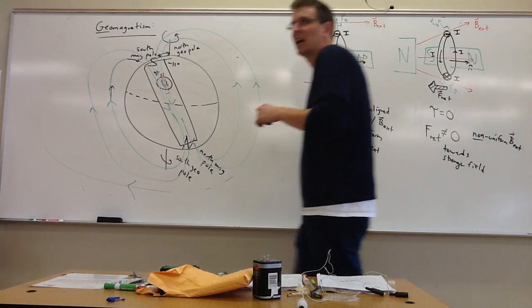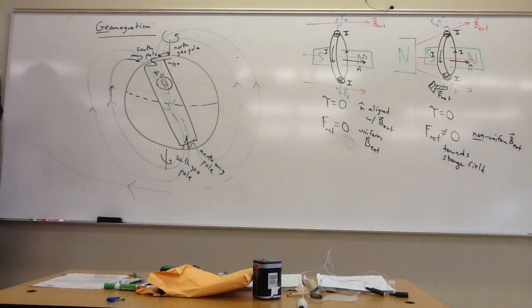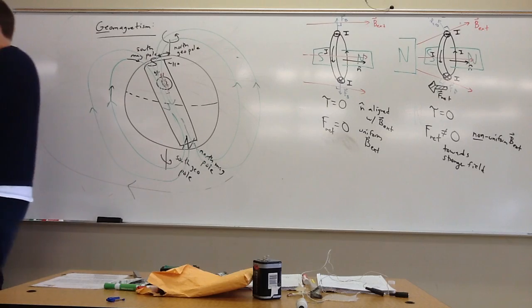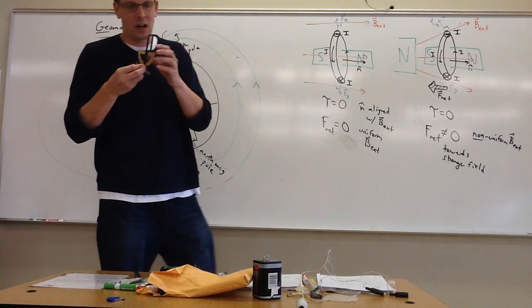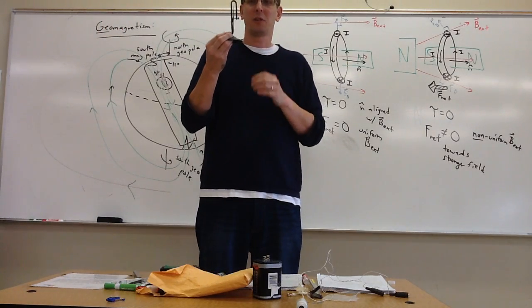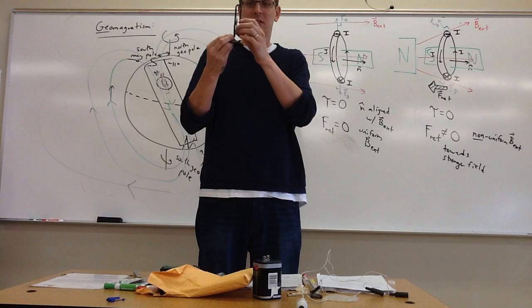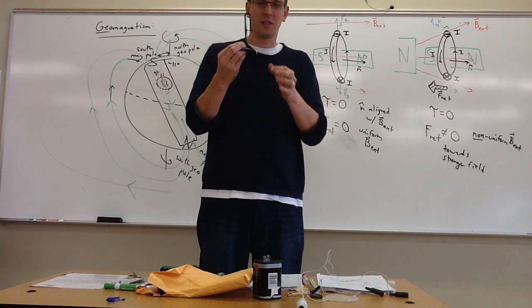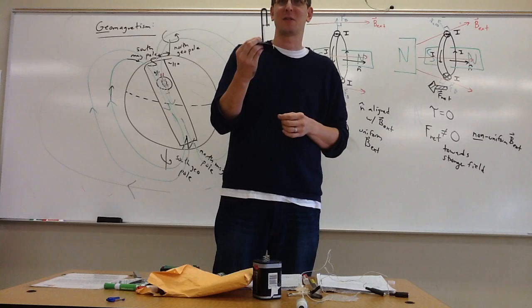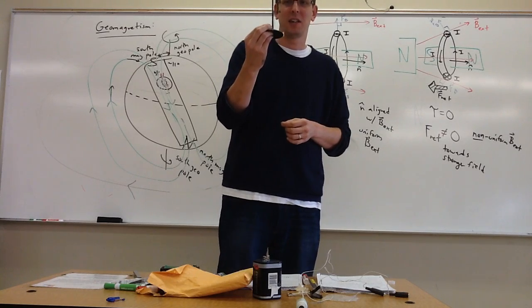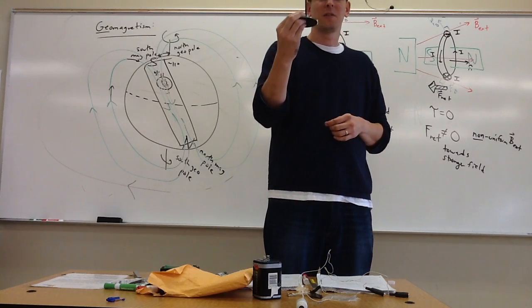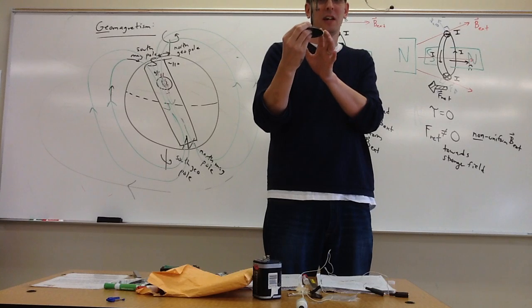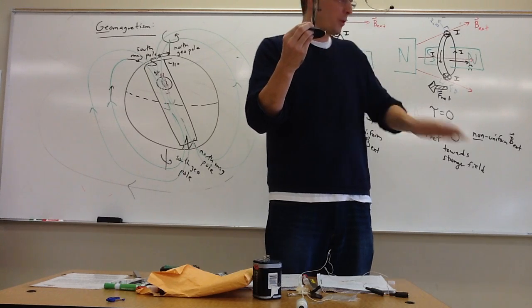If you don't believe me, I have a compass that is mounted on a vertical pivot. So if I let this thing settle, it's hard to see, I know, because this classroom is oriented north-south. But that right there, so it's pointing like this.